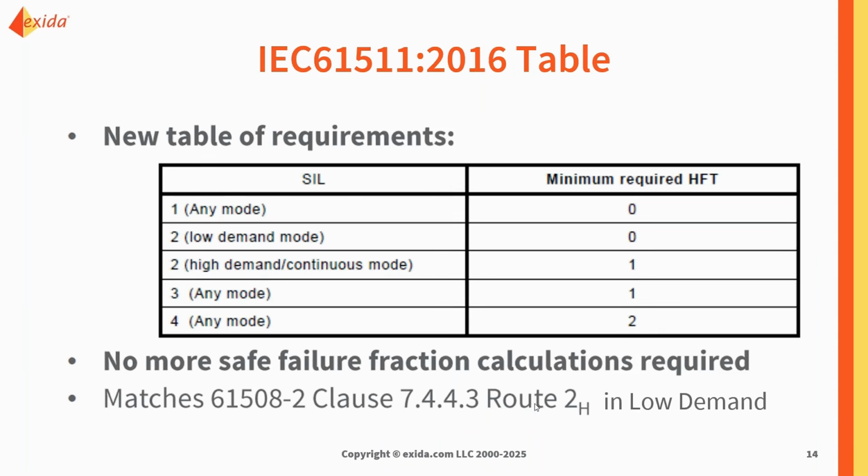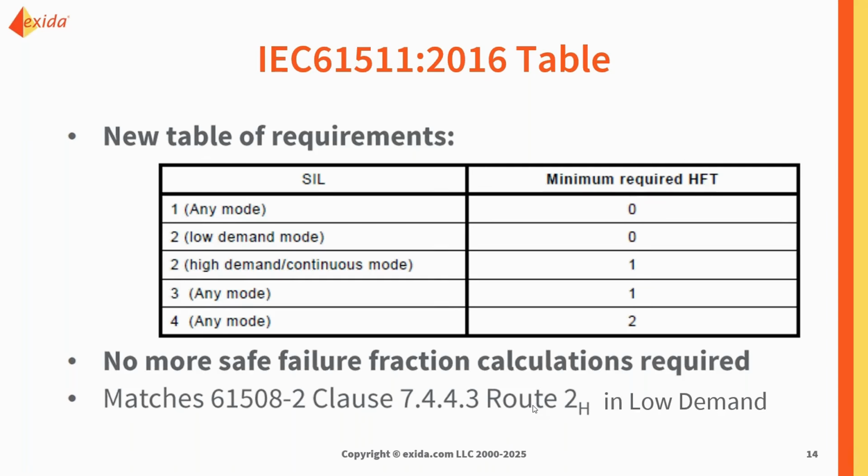In 1511, it just has one table now. The old 2003 edition of 1511 had 2 tables. It had a logic solver table with safe failure fraction, and it had a field table. What they've done now in 2016 is done away with that, and we just have this one table. And you can see for a SIL1 in any mode being low demand, high demand, or continuous, hardware fault tolerance of 0.